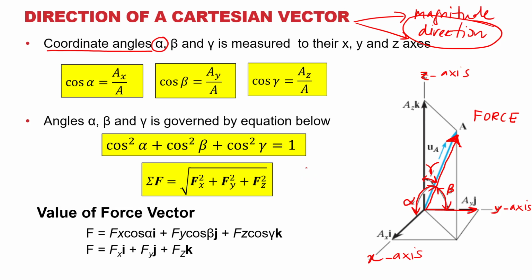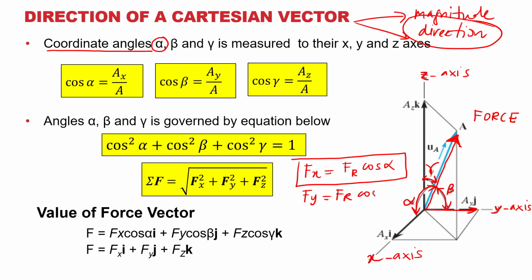Previously, Fx is equal to Fr cos theta. You learned Fr cos theta. So now Fx is actually Fr cos alpha. Fy is actually Fr cos beta. And Fz is actually Fr cos gamma. So coming from this, you can get all the angles.